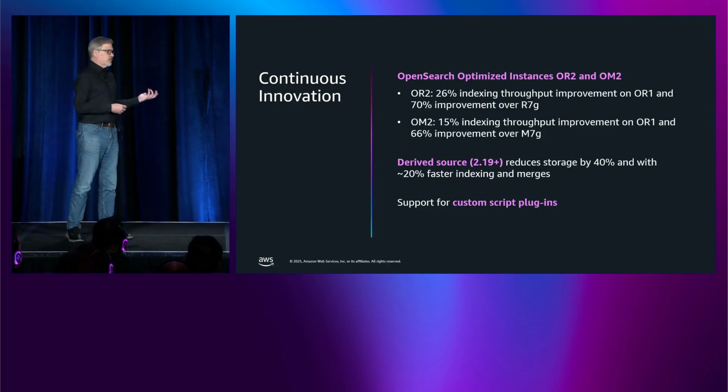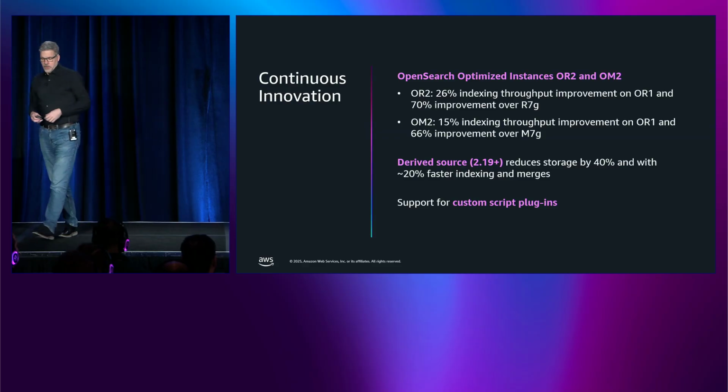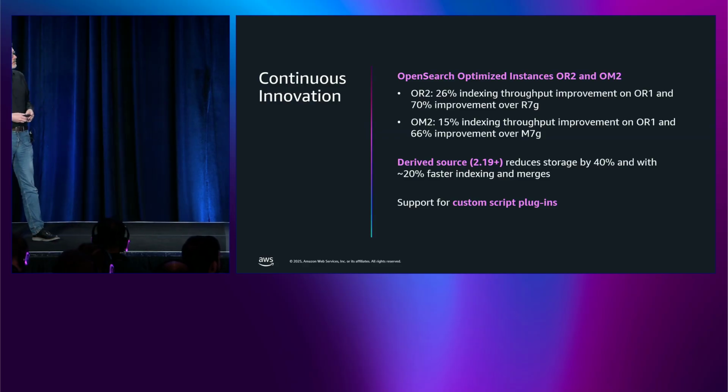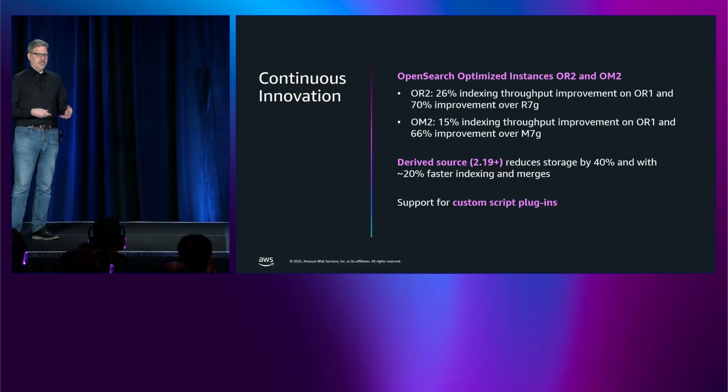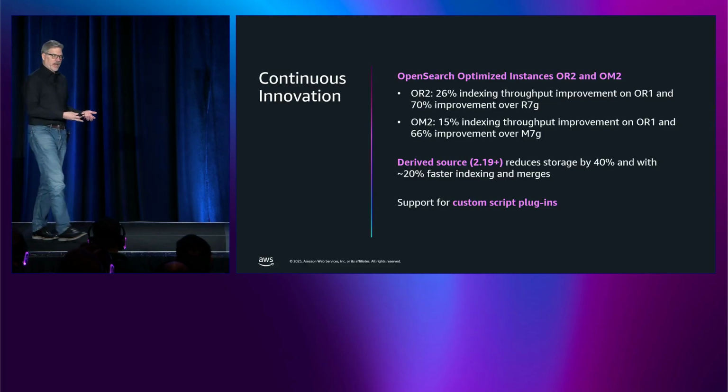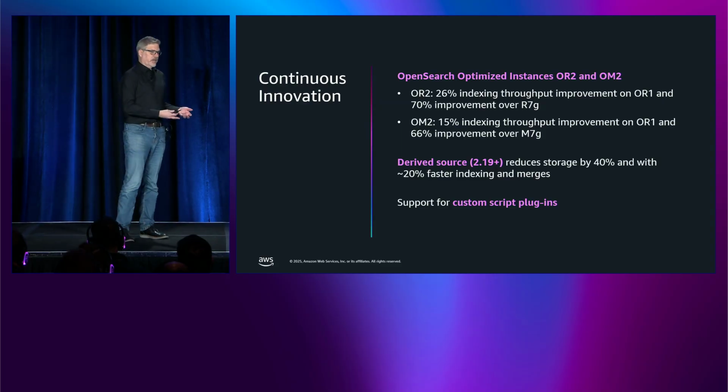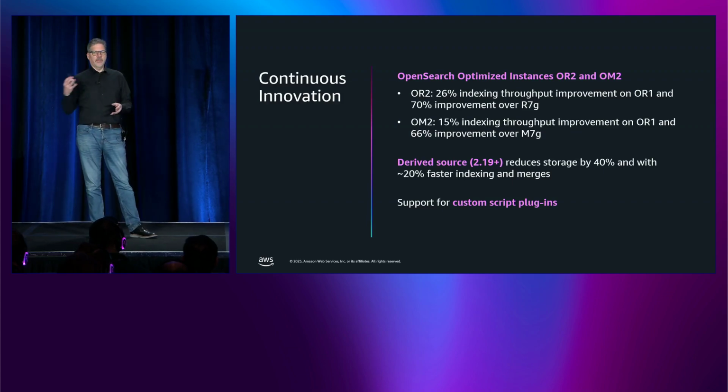We also added a derived source feature. What this does is it can cut your storage in your cluster by up to 40%. OpenSearch traditionally keeps source, which is the JSON data, around. It needed that JSON data whenever it needed to do segment merges, shard reindexing, and other cluster operations. With this, we drop that. We actually don't use that JSON data for any of those operations anymore.